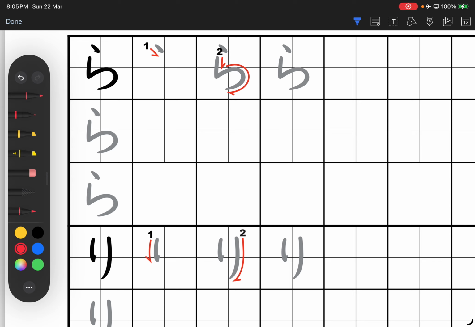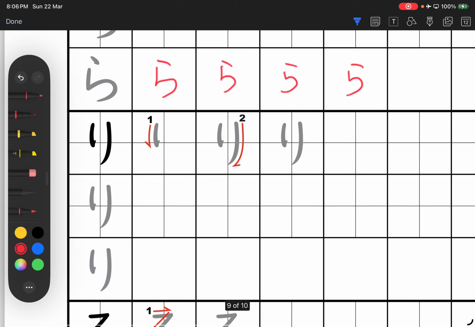So la, it's like our la le lo la. So dot first, then our 5. Just remember there's no R sound, it's closer to an L sound.